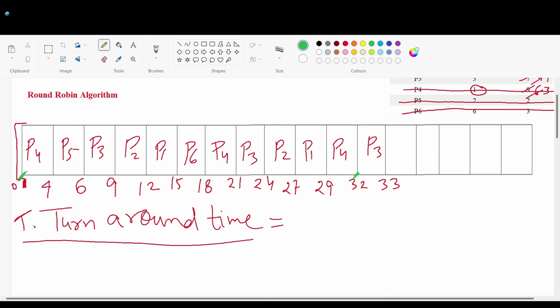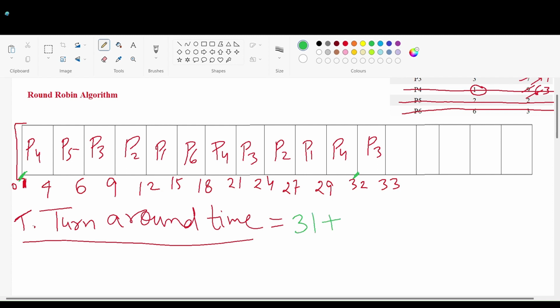So the turnaround time for P4 is 31, because P4 enters the system at 1 and exits at 32. So the total time taken by P4 is 31, right?